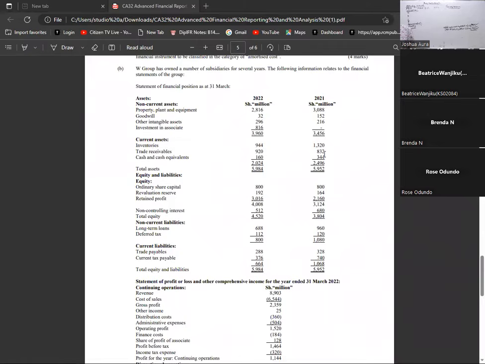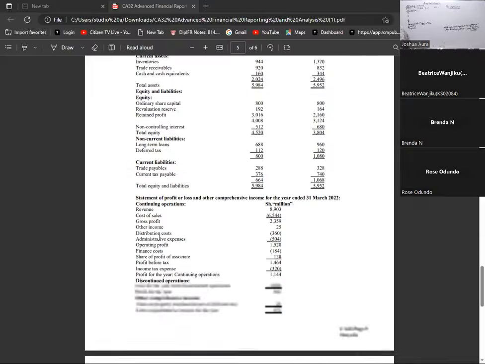It is 832 as the opening minus the closing of 920. So 832 minus 920. Remember, it's opening minus closing. Opening is 2021, and 2022 is the closing year. So you take the 2021 receivable figure, subtract the 2022 receivable figure, and then you ask yourself, remember they told us that there was a disposal.